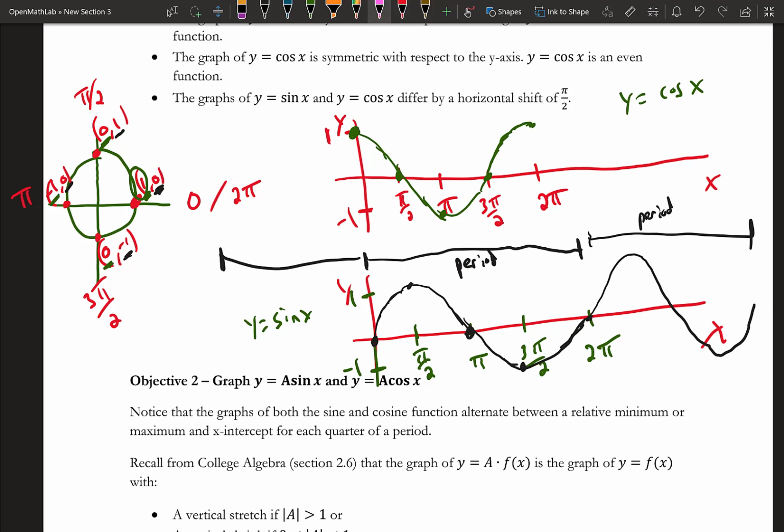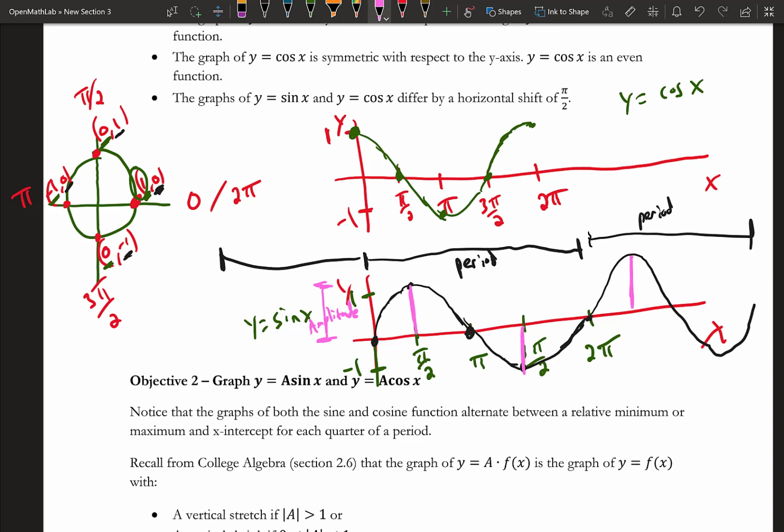And then another term we need to introduce, which is essentially the height of a hill, if you will. This is what we call the amplitude. From here to here is the amplitude.